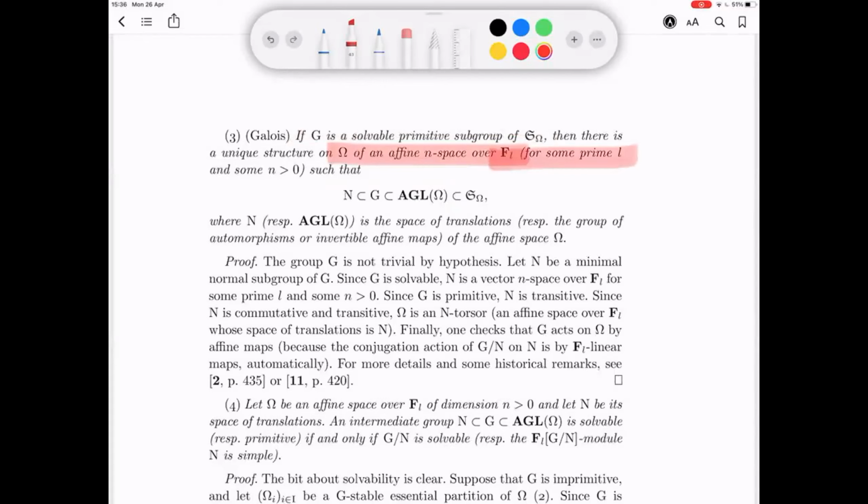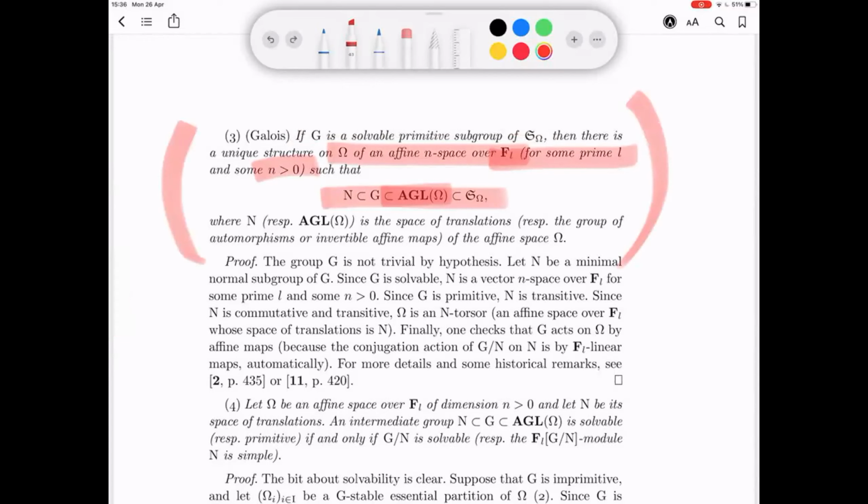FL is the prime field with L elements, L is a prime, and n is some strictly positive integer, such that G contains the space of translations and is contained in the space of all affine automorphisms, and that's it. This is what Galois's theorem says. This is Galois's theorem in the second memoir.